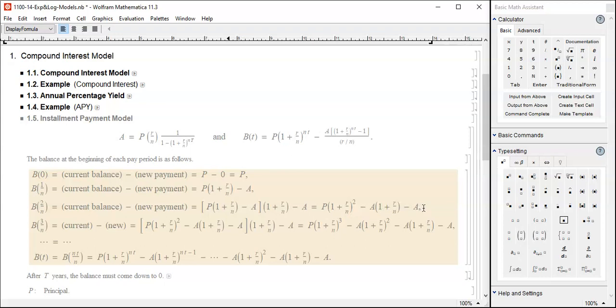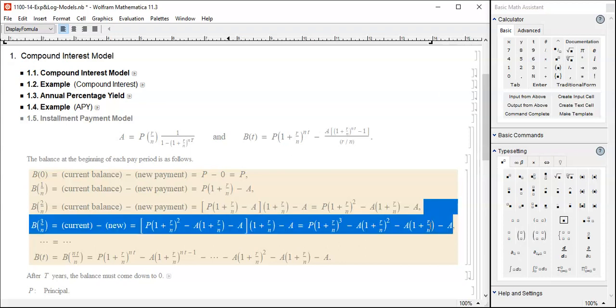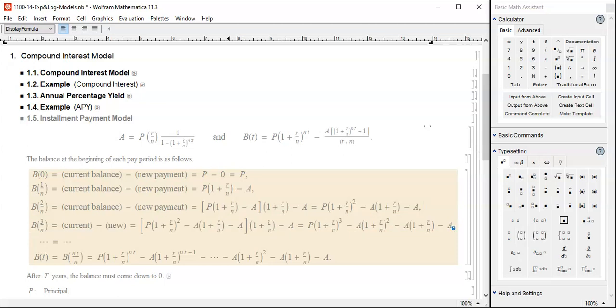And then let's do it again. This balance, the balance of my current debt, grows by this factor, 1 plus R over n. And then I just paid minus A. So if I break this apart, then we have this, and then a bunch of subtractions.